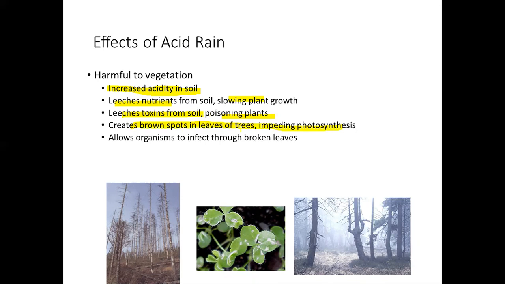Brown spots on leaves mean the acidity can damage the chlorophyll and the cells of the plant leaf. Then it reduces the photosynthesis rate and allows organisms to infect through broken leaves.